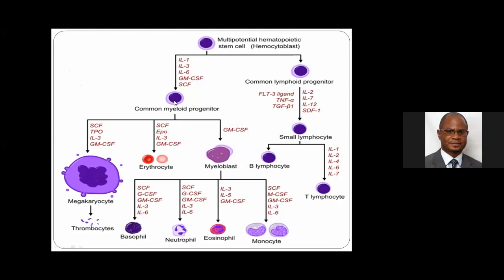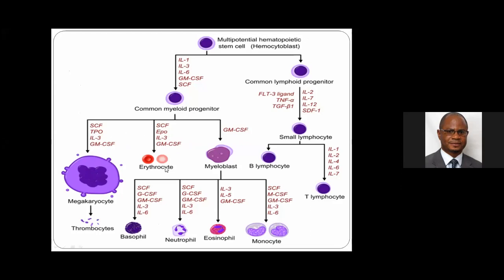Okay? Then if you expose the myeloid cell to these factors, EPO in particular, stem cell factor is common, TPO here, interleukin-3, GM-CSF, you will convert this cell to red cell. The difference between converting a myeloid progenitor to red cell or platelets is thrombopoietin or erythropoietin.